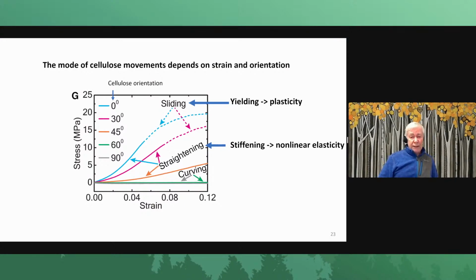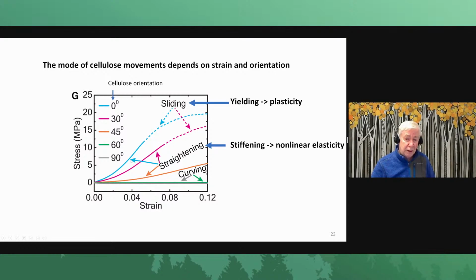All right, and winding down now, this is the last slide, in which I superimpose the stress versus strain curves for different lamellae with different cellulose orientations. And on top of that, I put in the major modes of cellulose motions. So let's just take the blue curve. This is one in which the cellulose is oriented in the direction of stretching.